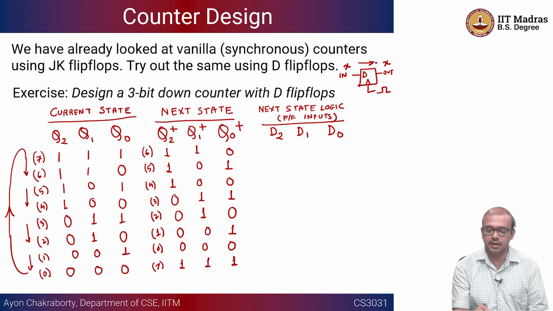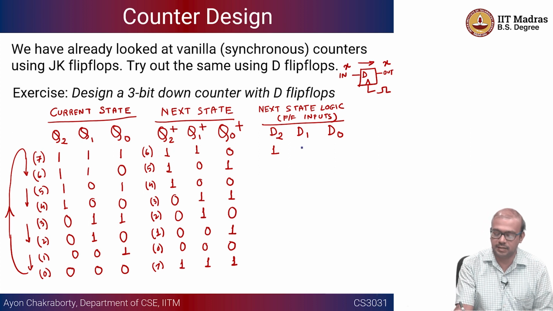If Q2 plus is 1, D2 has to be 1, right? Because there is no other alternative. If D2 is 1, then only after the next clock, Q2 plus will become 1. So it is nothing but just a copy and paste of this particular sequence of actions. So Q2 plus, Q1 plus, Q0 plus should be D2, D1, D0. Okay.